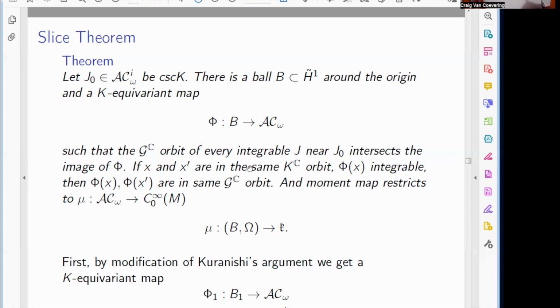So once you reduce to the finite dimensional picture, if you're starting with an extremal structure, you can work by looking for critical points of the norm squared of the moment map. So then this is also the Calabi functional.